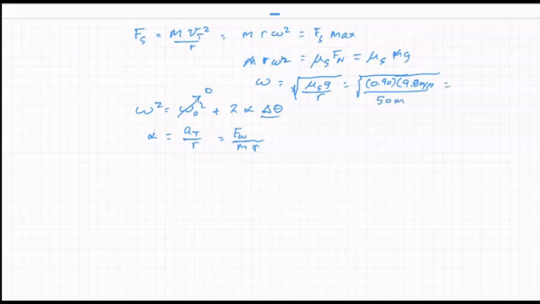And when we calculate that, it turns out to be 0.42 radians per second. So now we're ready to solve for delta theta.